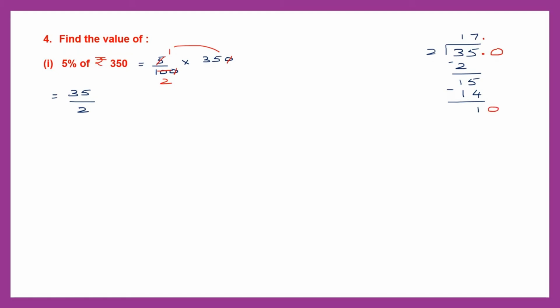Now my number is 10. So 2 5s are 10. So that is over. So here I'm going to write my answer as 17.5. And because it is rupees and paisa, the paisa column should have 2 digits. So this becomes 17 rupees and 50 paisa. And this is my final answer.